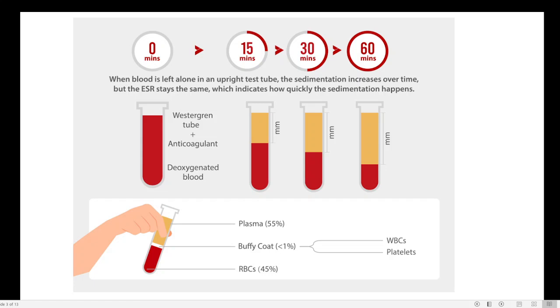And the speed at which this settling or sedimentation is taking place is actually constant, and that is what we are measuring, and that will give you an idea about the different disorders mainly affecting our circulatory system. If there is some kind of infection, the ESR will be increased. Sometimes doctors will tell you that you have high ESR.